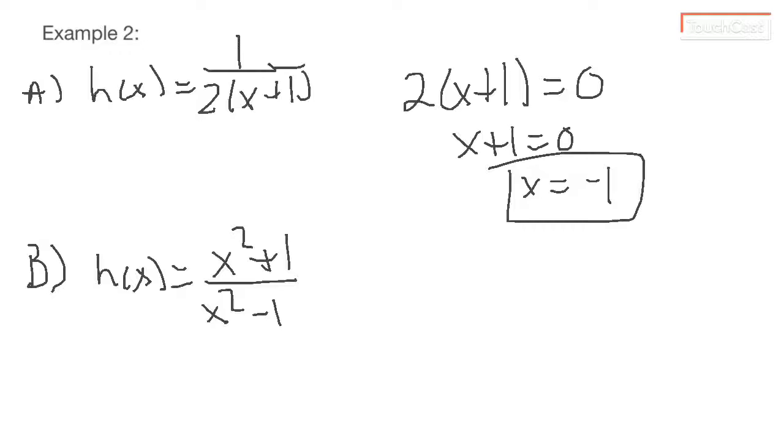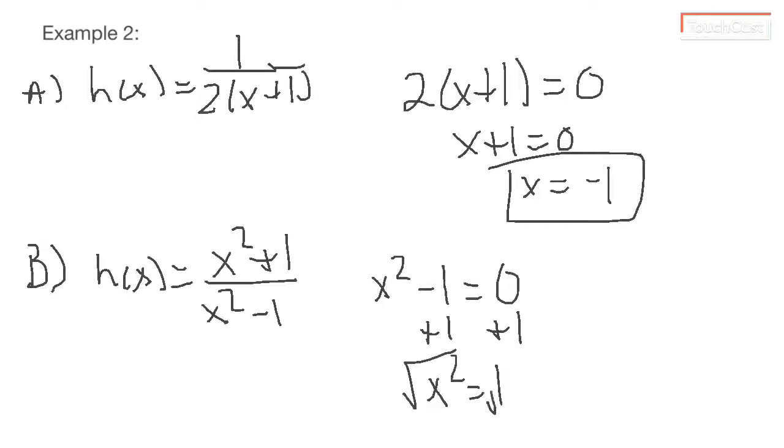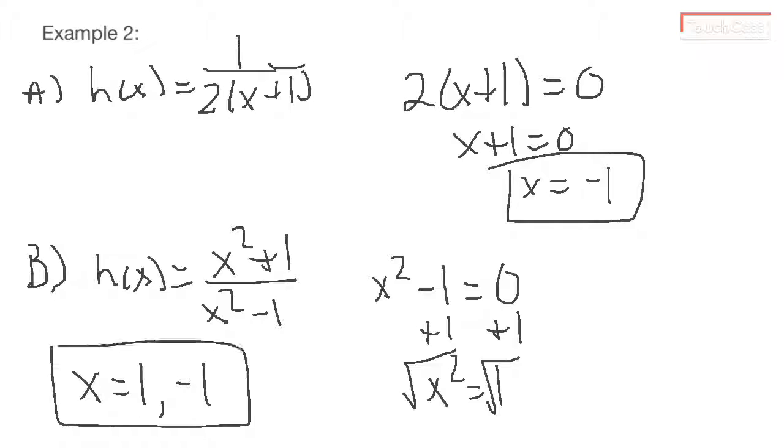One method, you can just take x squared minus 1, set it equal to 0, and use the square root method to solve for x. In that case, we would add 1. x squared would equal 1. And then we can take the square root of both sides. The square root of 1 is 1. So here, we could say x is equal to positive 1, but the square root of 1 isn't just positive 1. It's also negative 1. So x is going to be plus 1 and minus 1.